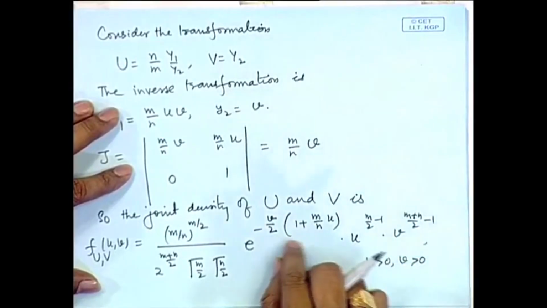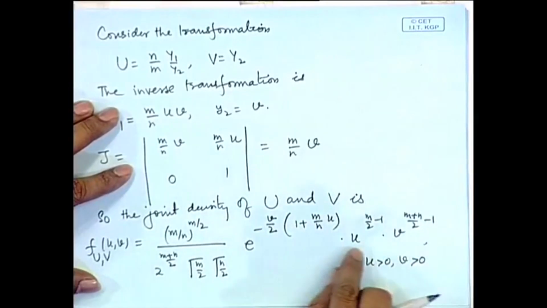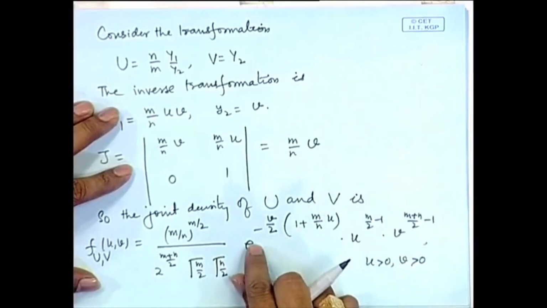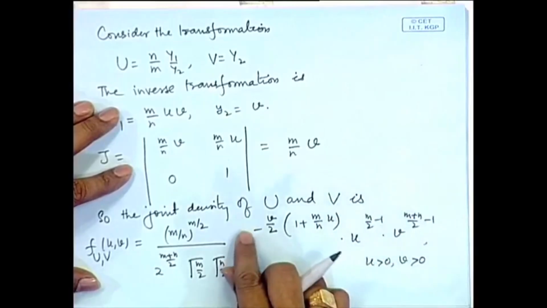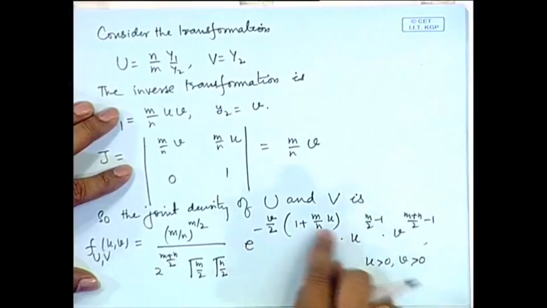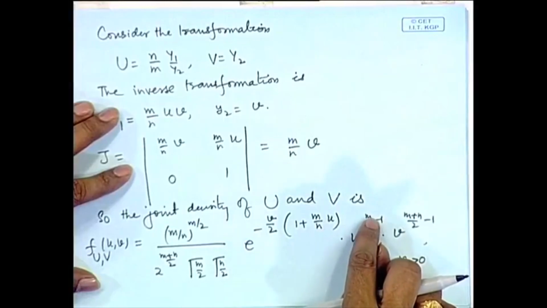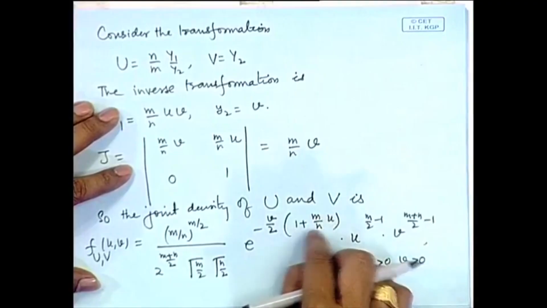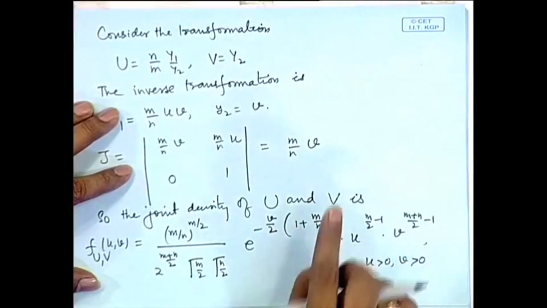So, we can integrate with respect to v from 0 to infinity to get the desired density of the F random variable. Again, if we observe, the integral of this with respect to v is nothing but a gamma function, where the order is (m plus n) by 2 and the coefficient is half into (1 plus m by n u).